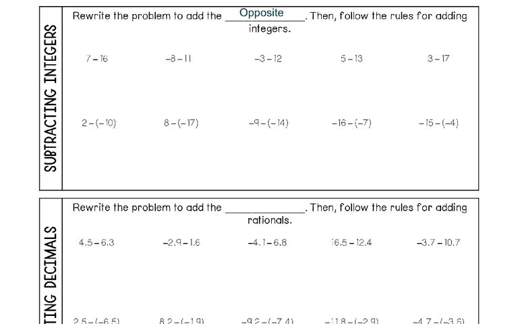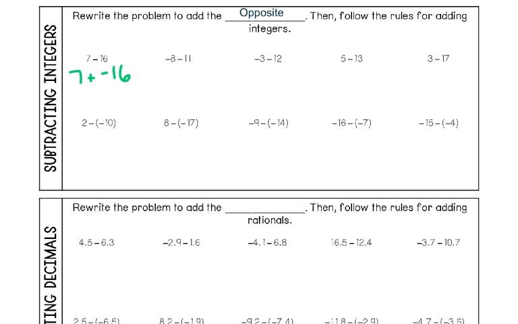So we aren't subtracting, we're going to change our subtraction problem to add the opposite. Right here where it says 7 minus 16, we're just going to keep the first number, then change to a plus, and the opposite of 16 is negative 16. So we're going to keep, change, change. Now that we have this written as an addition problem, we'll follow our rules of adding integers.